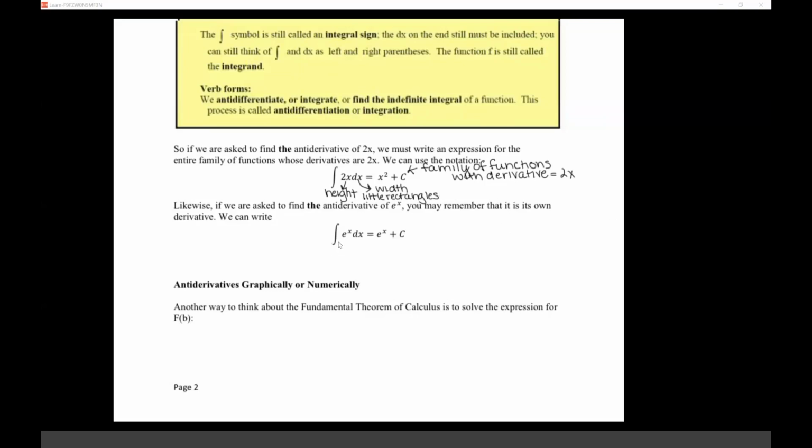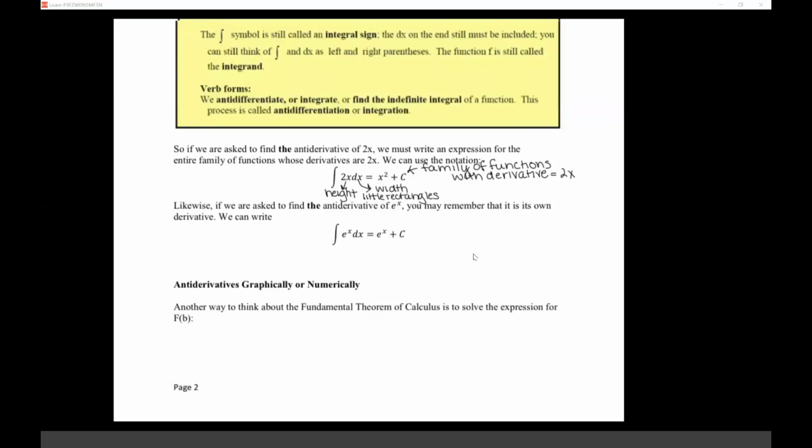Here's another one, okay? And here I'm just showing you how the notation is used. Here we want to find the antiderivative of e to the x dx, okay? You may remember that e to the x is that function that's its own derivative, okay? So that means I would have started with e to the x as the antiderivative. If I differentiated it, I get e to the x again, all right?